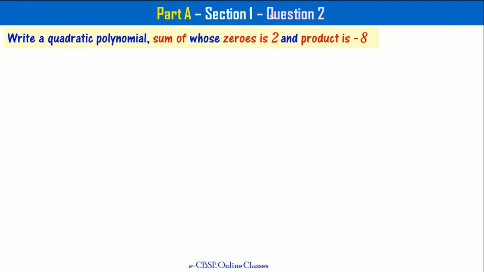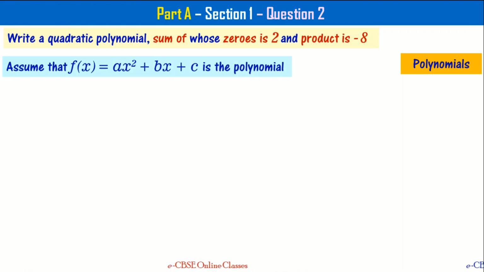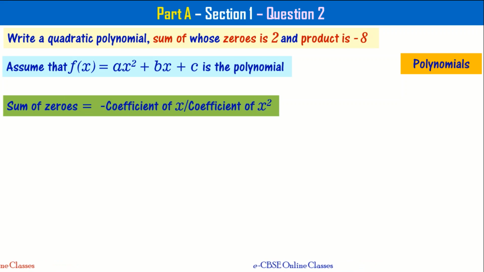And question number 2, write a quadratic polynomial, sum of whose zeros is 2 and product is minus 8. It is from polynomials chapter. Let us assume that f of x equal to ax square plus bx plus c is the polynomial. And for such a quadratic polynomial, we know that sum of zeros can be written as negative of coefficient of x divided by coefficient of x square.